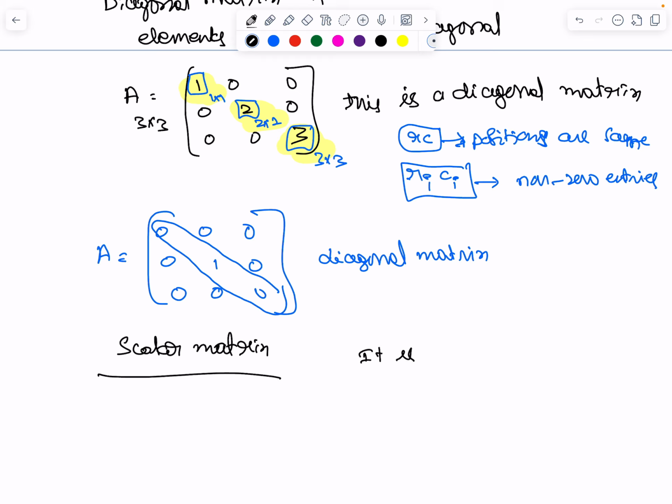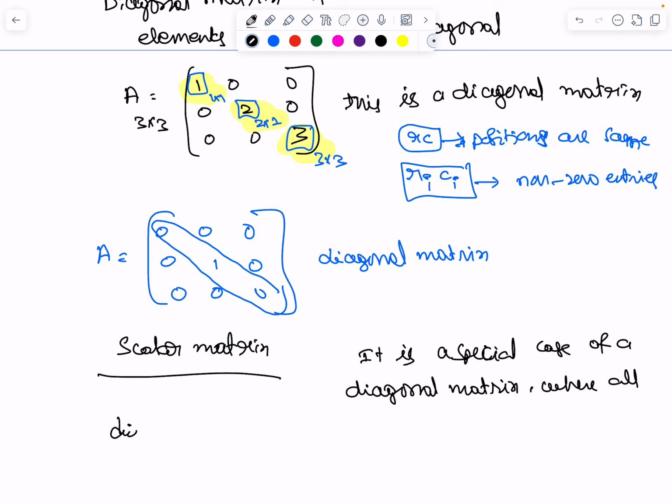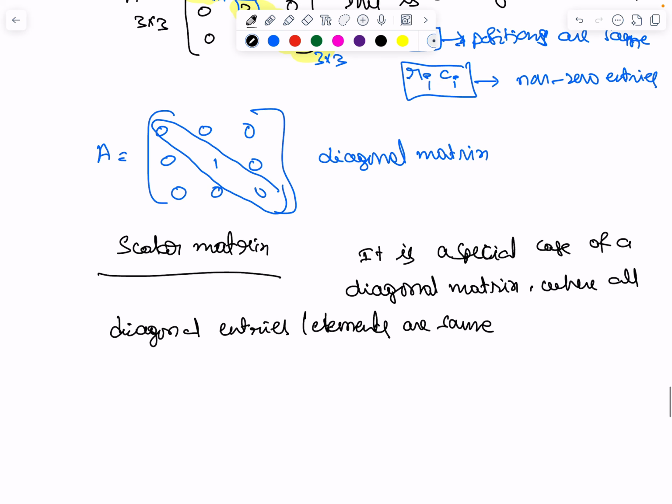It is a special case of a diagonal matrix where all diagonal entries are the same. So it must be a diagonal matrix. For example, A equal to 1, 0, 0, 1 is a scalar matrix.